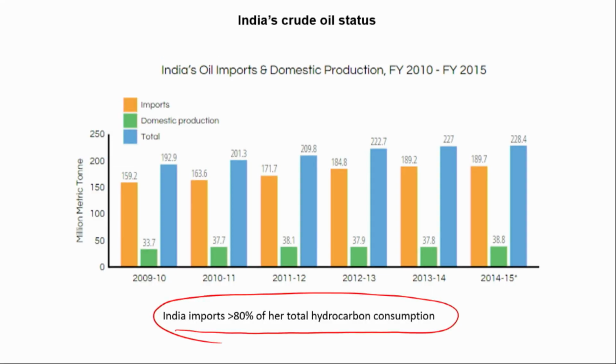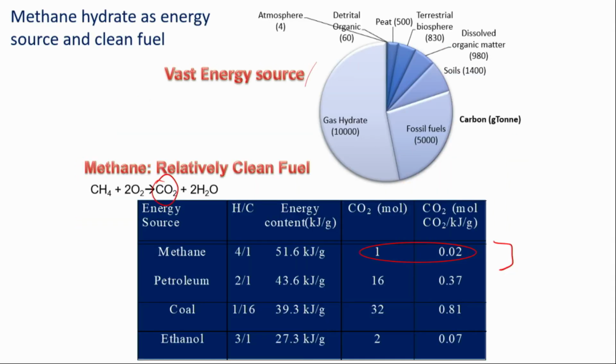And since we have a lot of them in our offshore region, it is important that we explore and exploit them. Now you can look into this graph and see how much is our production and how much is our consumption. As I repeat here, India imports more than 80% of its total hydrocarbon consumption.